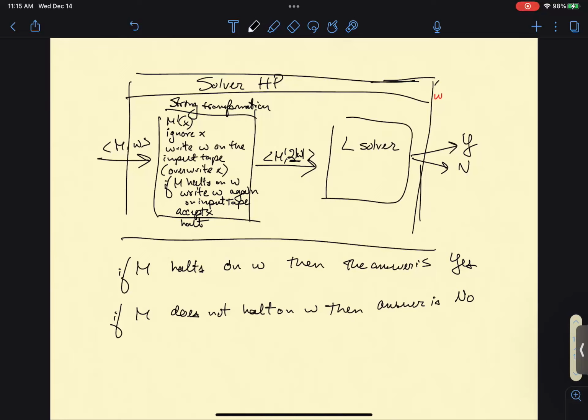Write W again on the input tape plus an A. So then here, instead of 2 times the length of W, I'm going to use what? Yeah, very good. Okay, yes, objection? Yes?